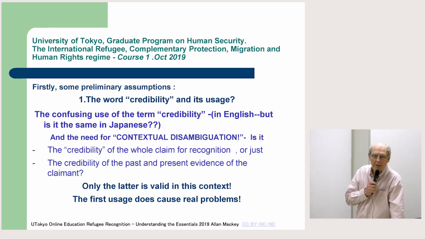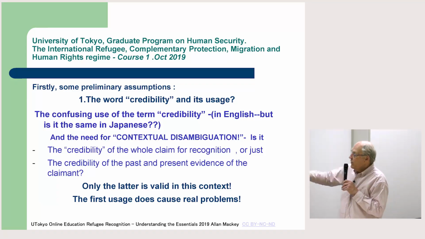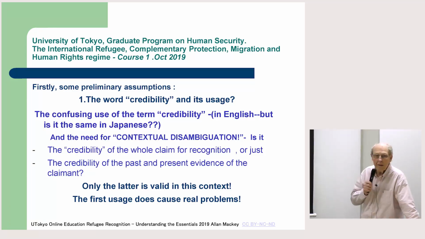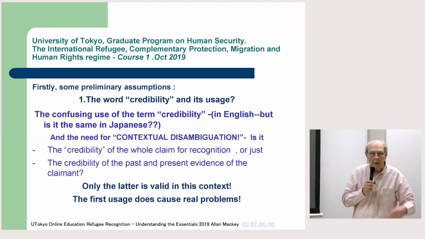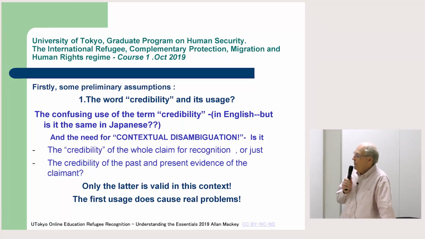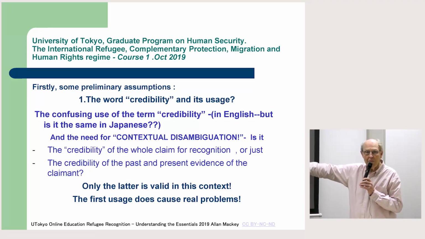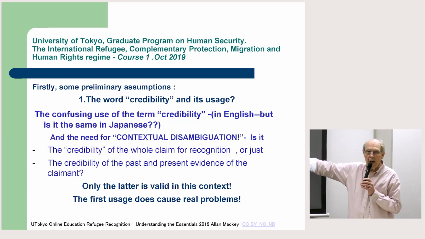You can say that in layman's language, but frankly, to get the right answers in an assessment of a refugee case, it should always be just this: the credibility of the past and present evidence of the claimant, and I suppose I should add to that, other supporting evidence they may bring. Only the latter is valid. If you use the first, you'll get yourself into confusion, and you'll be deciding risk areas in the middle of credibility, and you'll be getting confused between harm and the reason.